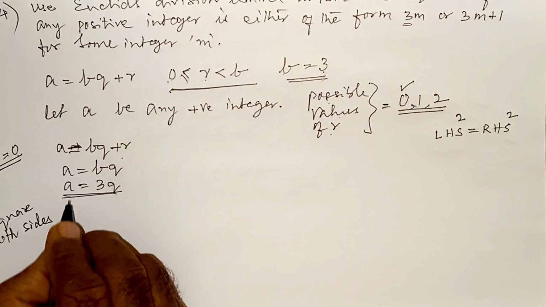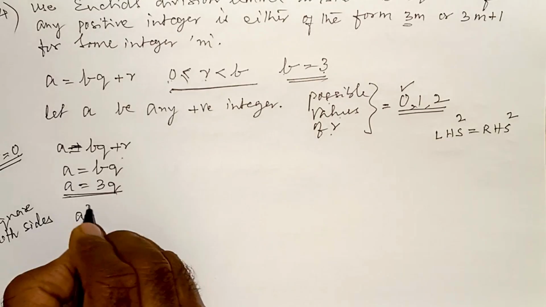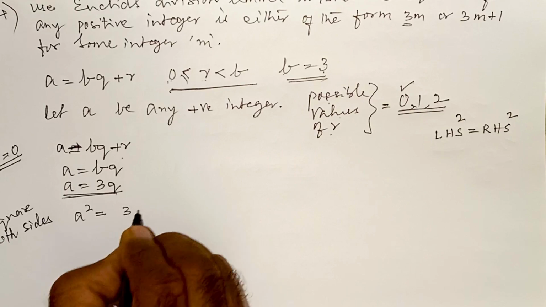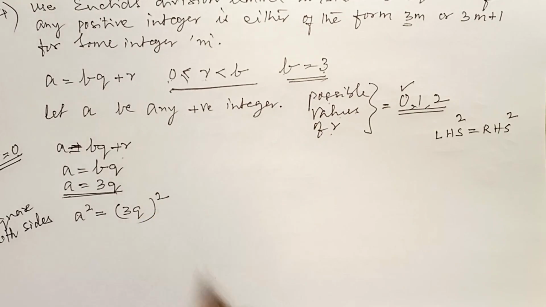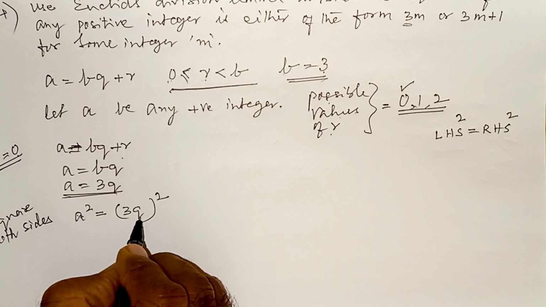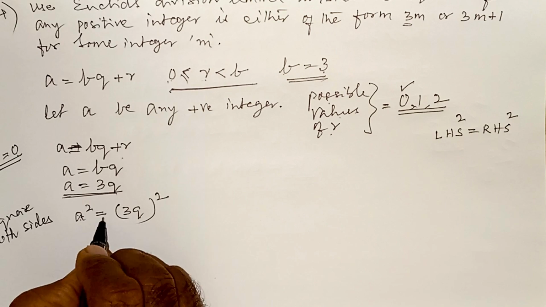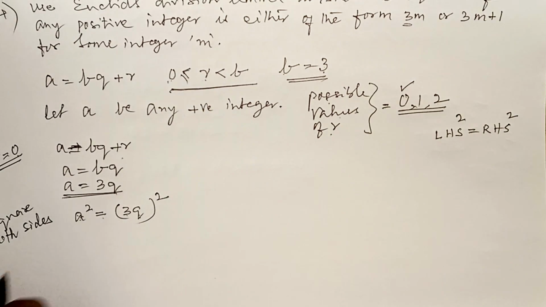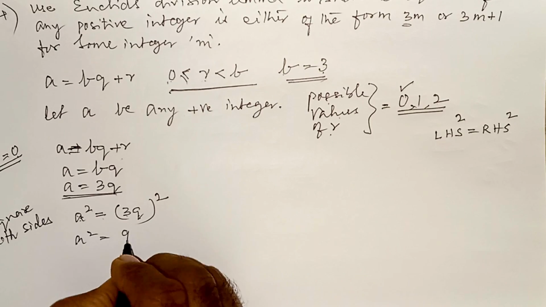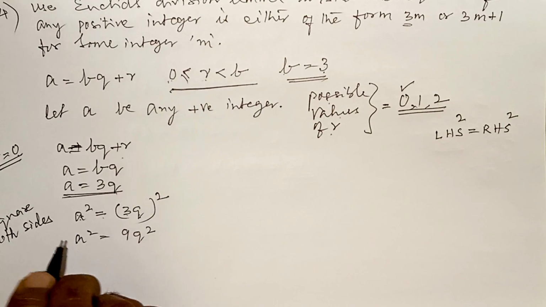Similarly here, a square will be equal to 3q whole square. We have squared both LHS and RHS. When we open this, a square equals 9q square.